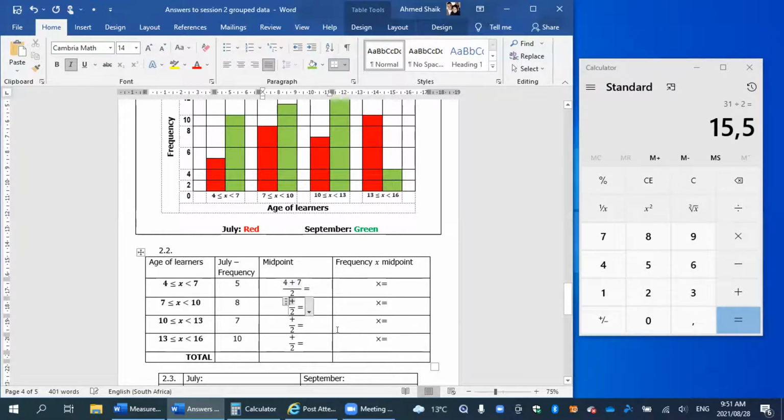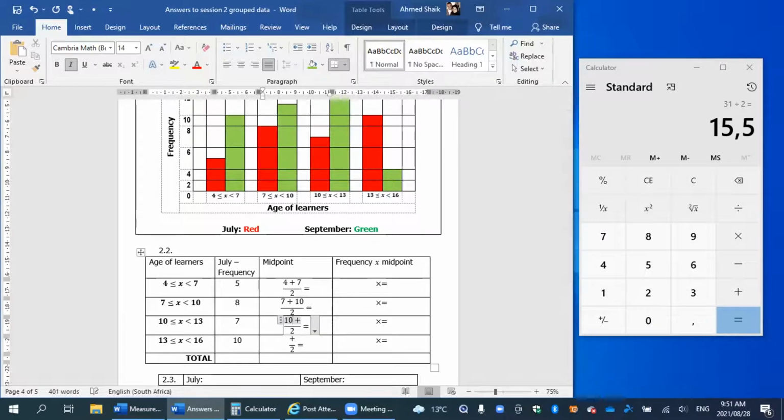We can work out our answers afterwards. Our second interval, the first value is 7. Second value is 10. The next interval, our first value was 10 and our second value was 13. Our fourth interval, our first value 13 and our second value 16.